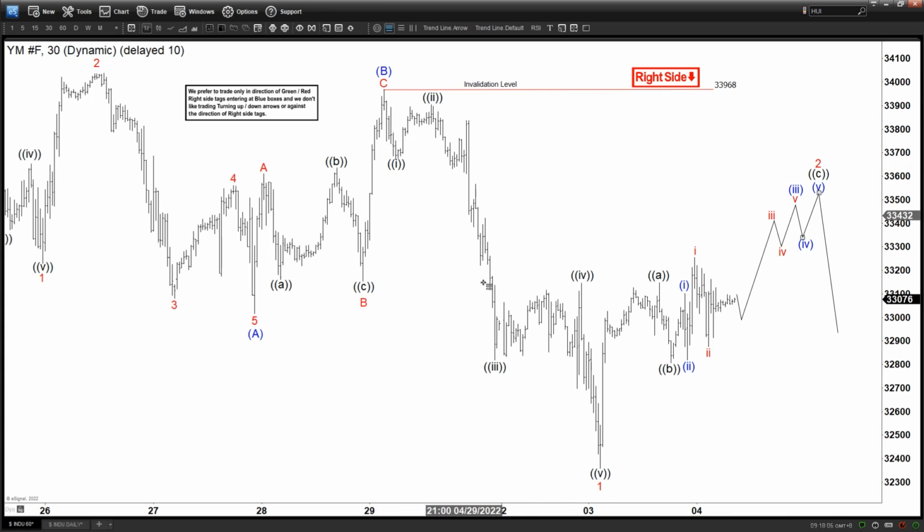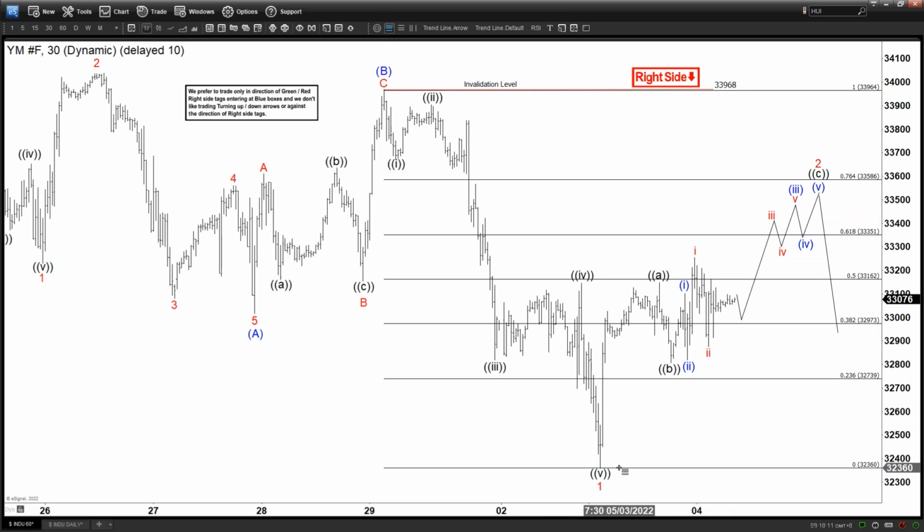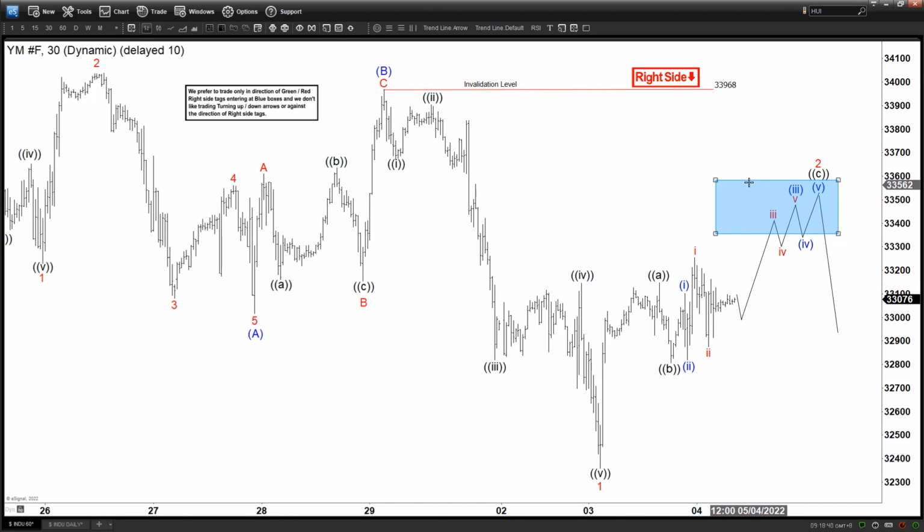So you can also see the decline is a clean 5 waves down, and since we already passed above the 50%, if we can continue to extend higher, then perhaps we could be targeting the 61.8, 76.4% retracement right here before we finish this entire rally, and then starting to reverse on the downside, as long as we don't break above, or as long as this pivot 33968 stays intact.